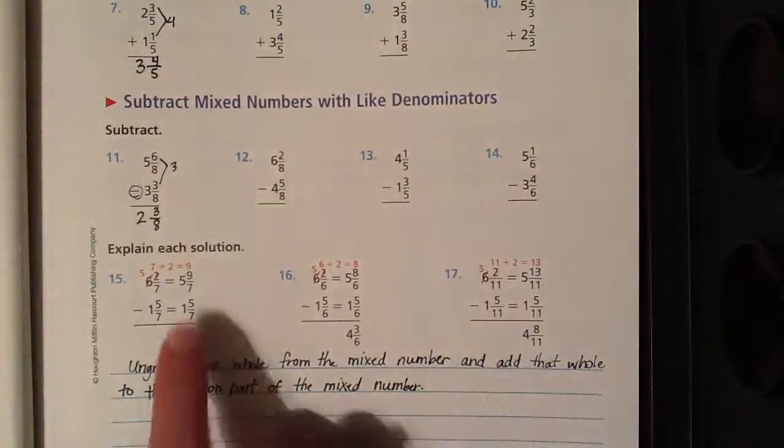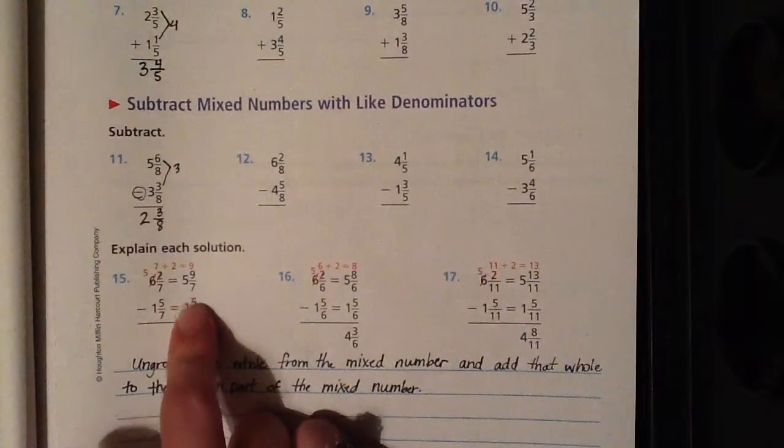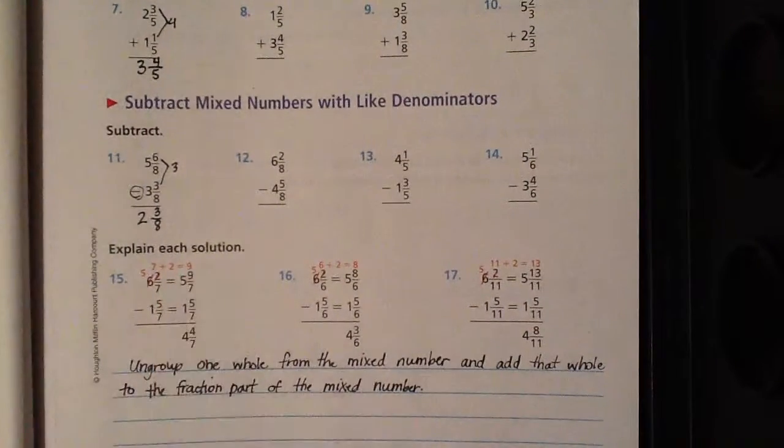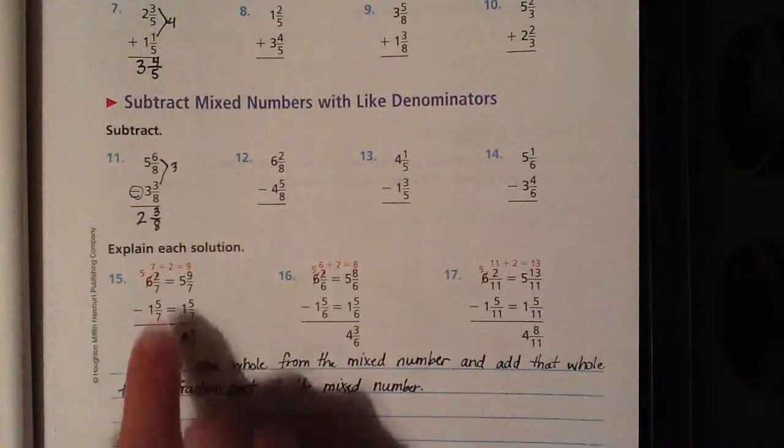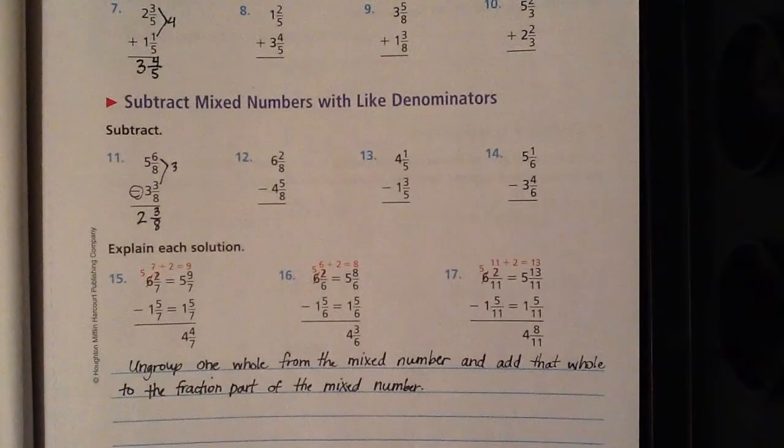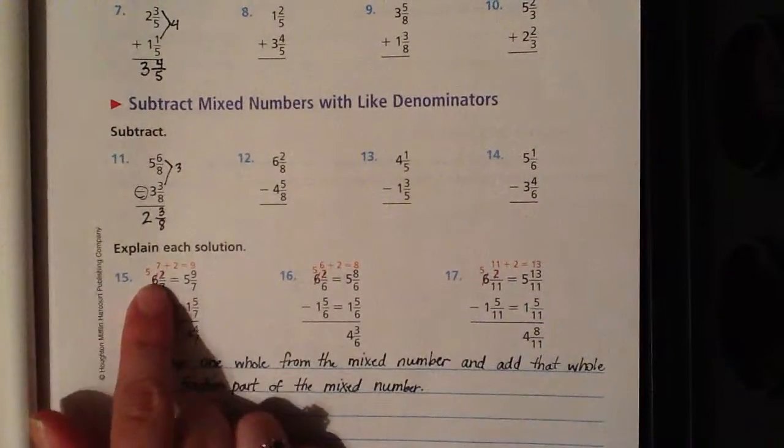So now I'm left with, I can take 5/7 from 9/7. It's just like if I was doing normal subtraction. I can't take 5 from 2, so I have to ungroup.